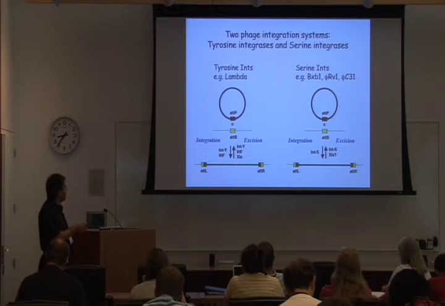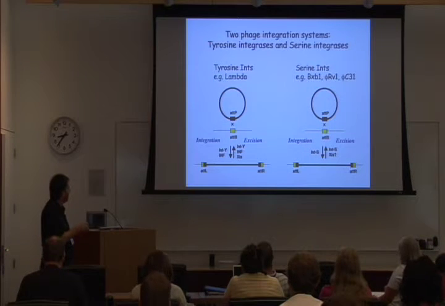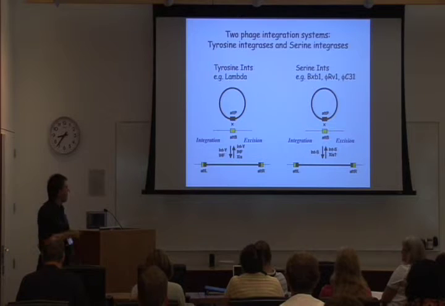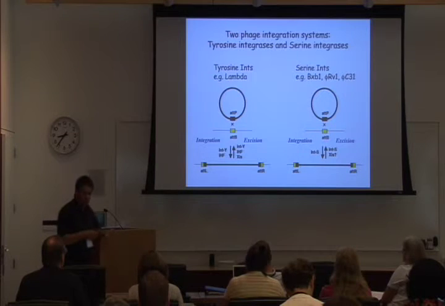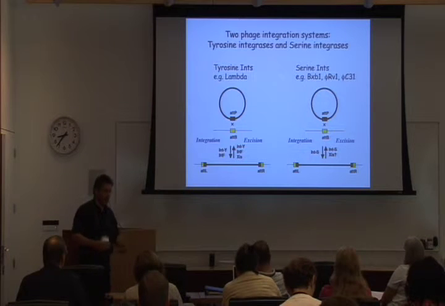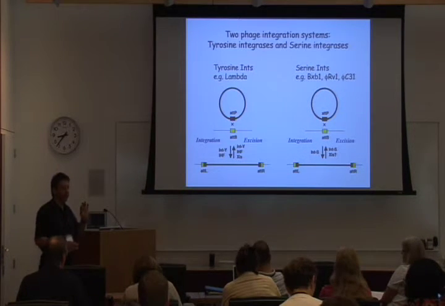There is one that is a part of the phage chromosome, a specific DNA sequence in the phage DNA, which is called the attachment site phage, or ATP. And there is a second specific DNA sequence within the bacterial chromosome, which is the attachment site bacterium, or ATB.